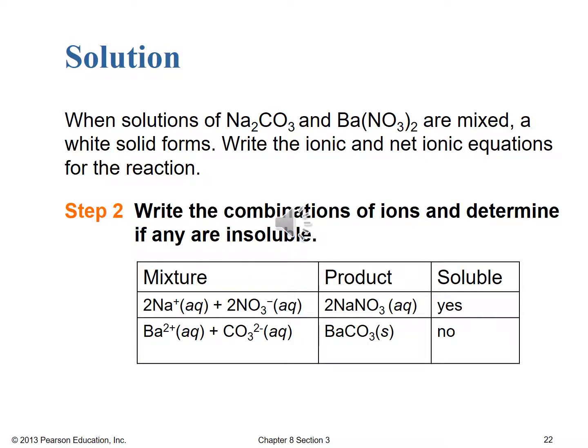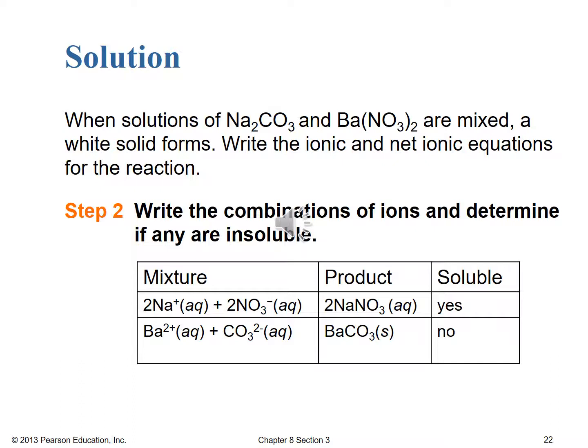Okay, so in step two, we're going to write the combination of ions and determine if any are insoluble. So we took that sodium carbonate and the barium nitrate, which each was individually soluble in water. And when we combine those two soluble solutions, we would find that we make sodium nitrate, which is indeed soluble. All group 1 or 1A cations, and sodium's an example there, would be soluble, as well as all nitrates are soluble.